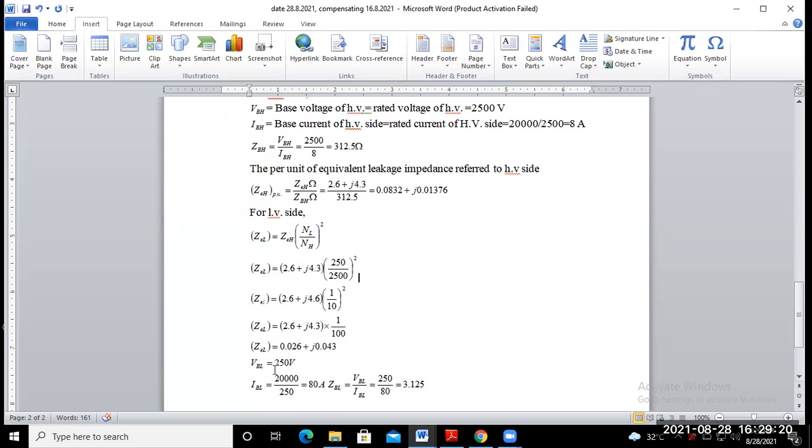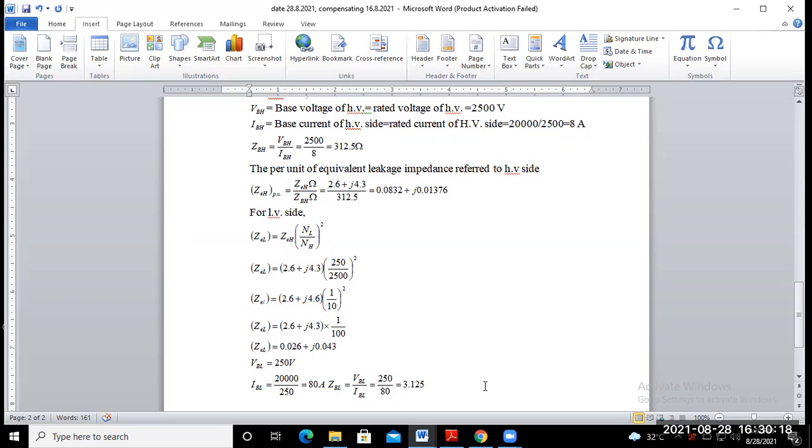So ZBL, the base impedance on the low voltage side, is equal to base voltage divided by base current, that is 250 divided by 80, where IBL is 80 ampere. So ZBL is equal to 3.125 ohm.